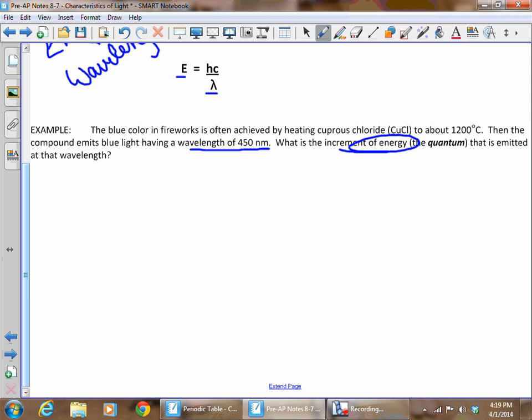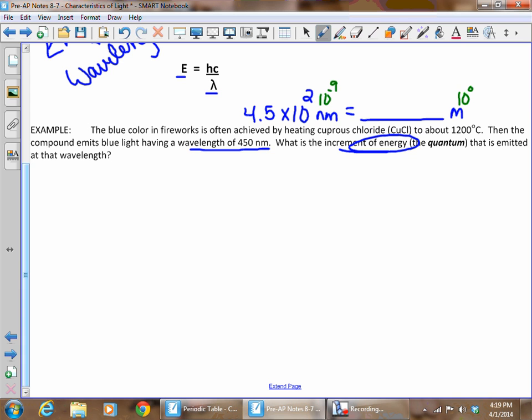It is so much easier if you'll go ahead and take this 450 and change it to scientific notation. 4.5 times 10 to the second nanometers. It's going to be equal to how many meters? We've got the same conversion. Remember, nano is 10 to the negative 9th, and meter is 10 to the 0 since it has no prefix.